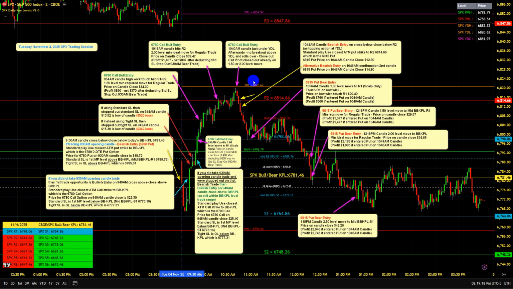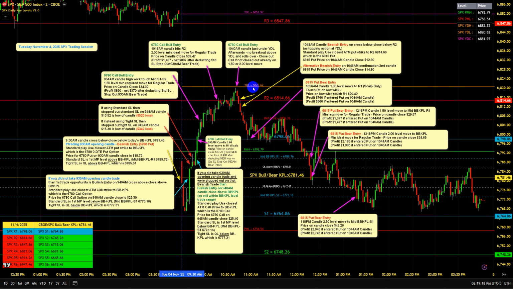They're not very close together. So this is a very important level. It's at R2, it's YDL, and we have this huge gap between R3, YDC, and this YDL level.